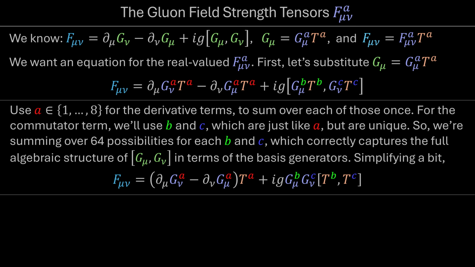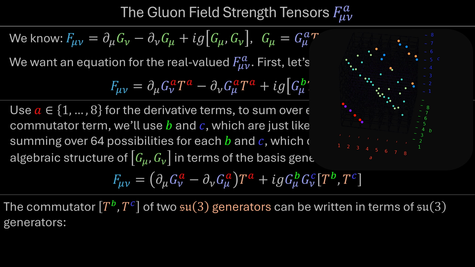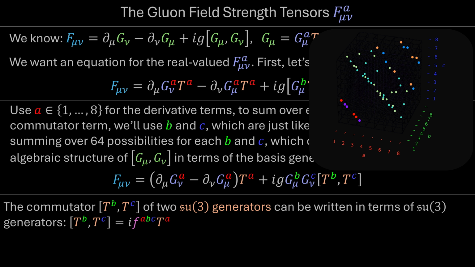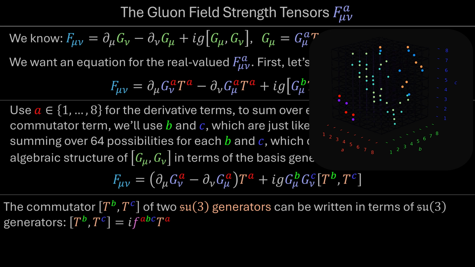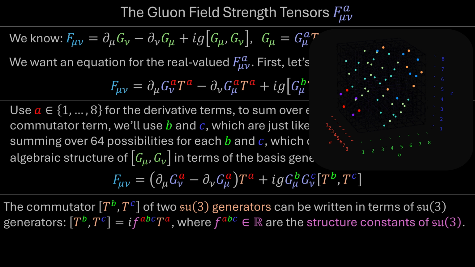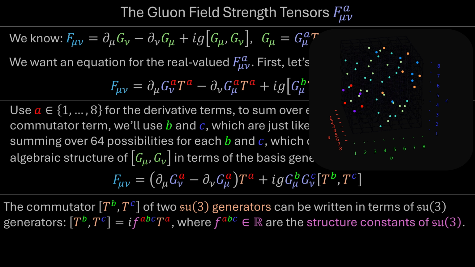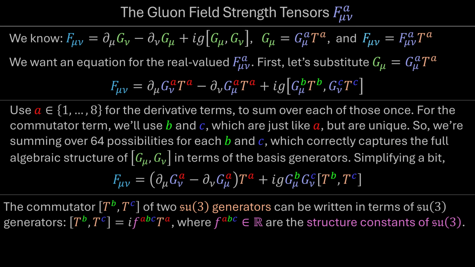One thing you realize when you think about this commutator expression is, wow, this is complicated and confusing. But remember, in part 2 of this video series, we saw how to get out of a commutator of 2 generators of SU3. Remember the structure constants? We can write the commutator of T B and T C as a sum over the generators T A. Now remember, f A B C are real numbers, and the reason this formula works is because T B and T C, being generators of SU3, are both traceless Hermitian matrices, and so their commutator, as we saw in part 2, is going to be a traceless anti-Hermitian matrix.